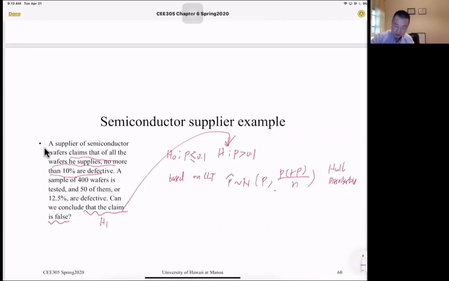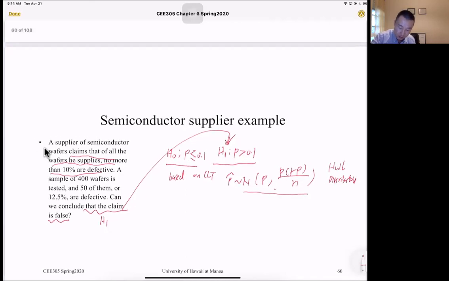So we set up H0 and H1. Sorry, this is H1. We assume H0 is true, and we get a null distribution. Then we can calculate the z-score.